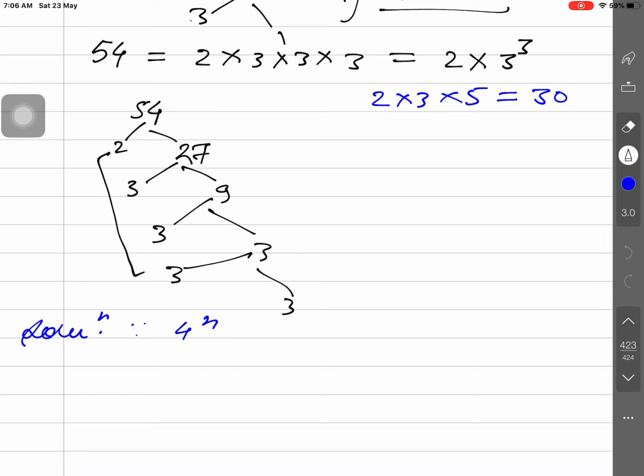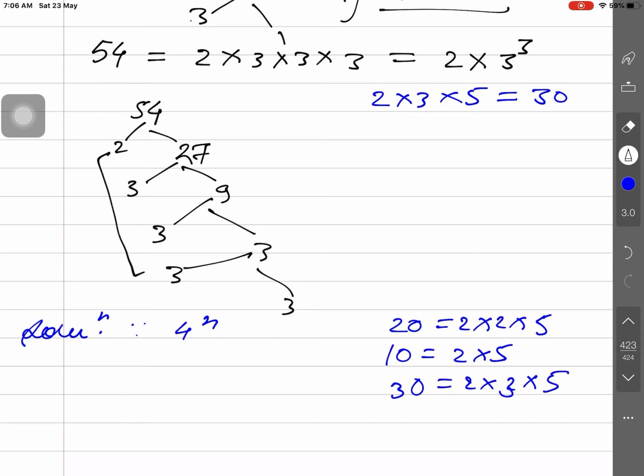Furthermore, 20 is 2 into 2 into 5 and 10 also 2 into 5 and 30 also 2 into 2 into 3 into 5. So you may see the numbers are ending at 0. If the number ends at 0, what is common in them all? 2 and 5. You may see the pattern: at least one 2 is occurring in all factorizations, and 5 is also occurring. You may also give an example by yourself.